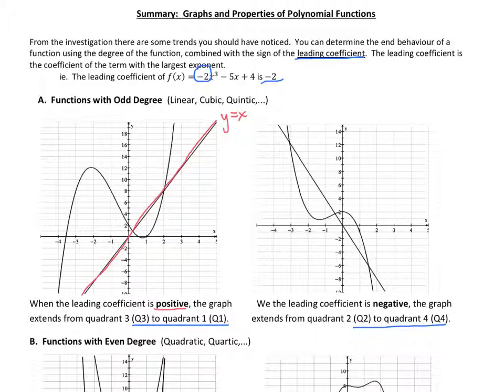And similarly, when the leading coefficient is negative, think of the line, or any line really, with negative slope. So a line with negative slope has end behavior from quadrant 2 to quadrant 4. And similarly, any function with odd degree will behave that way if the leading coefficient is negative.